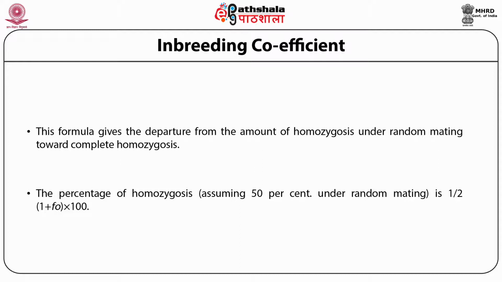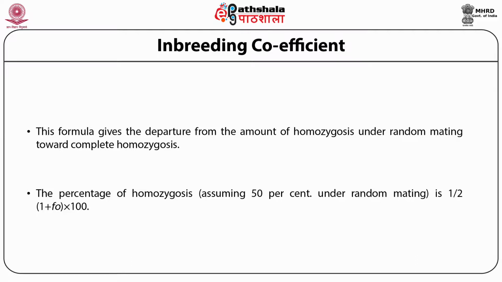The inbreeding coefficient represents the probability that an offspring will receive a gene from each parent that is a copy of a single shared ancestral gene.